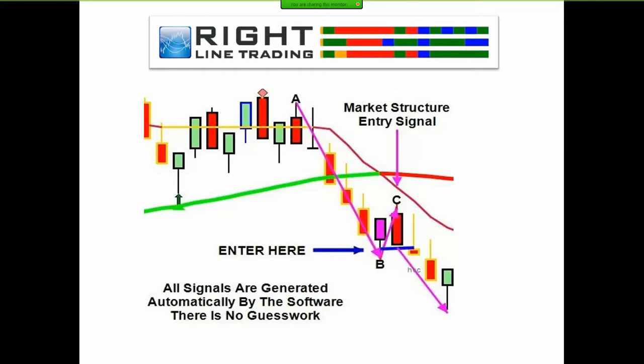And what we look for, when the B prints, you get an audible alert to tell you that you have a potential trade coming. And then what we look for is the B to be engulfed. And when this trade opened, the C is flashing, and we look for the C to mature to the downside.